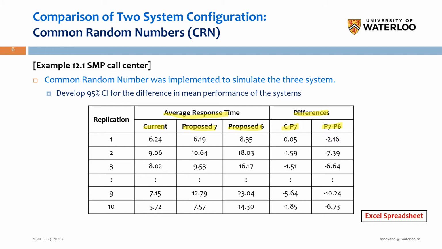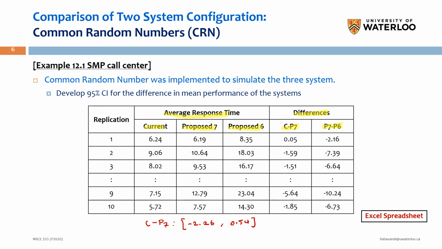So for the C minus P7, this is the confidence interval. It will be minus 2.26 and 0.54 minutes.